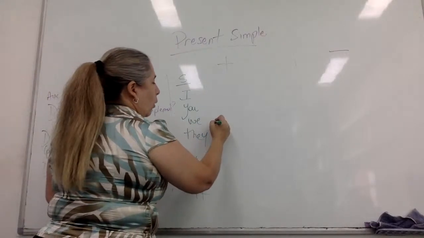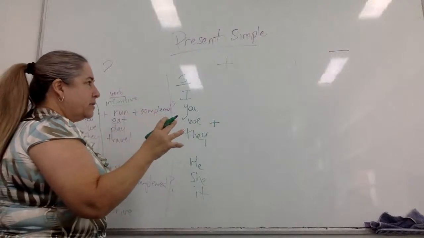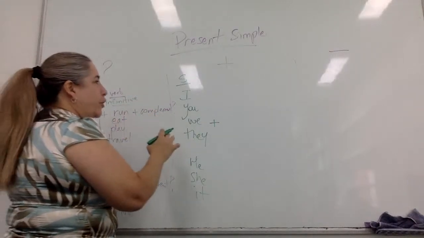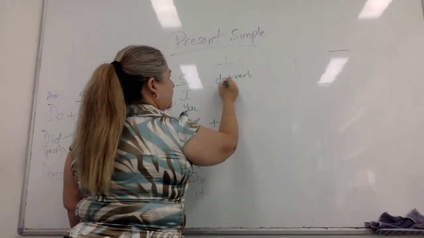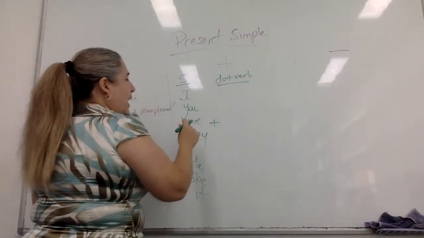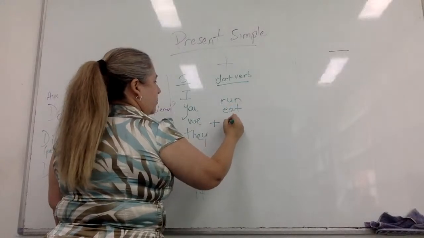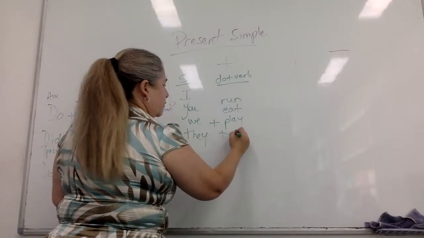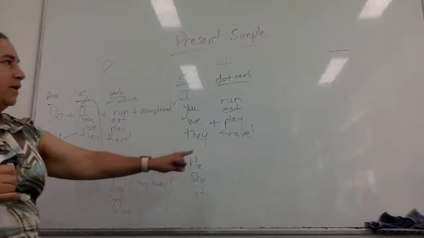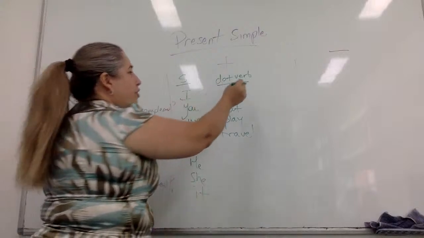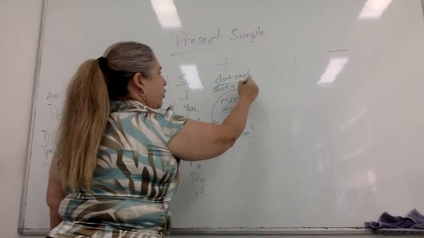Now we're going to connect our do and our does with our verb. So here I'm going to use do plus verb. And so here we're going to say run, eat, play, and travel. Because here I have the two together: auxiliary plus verb.